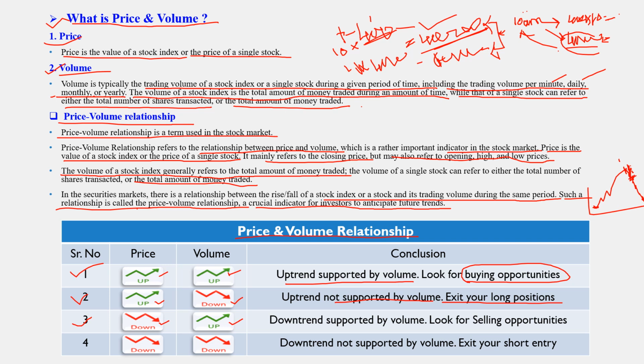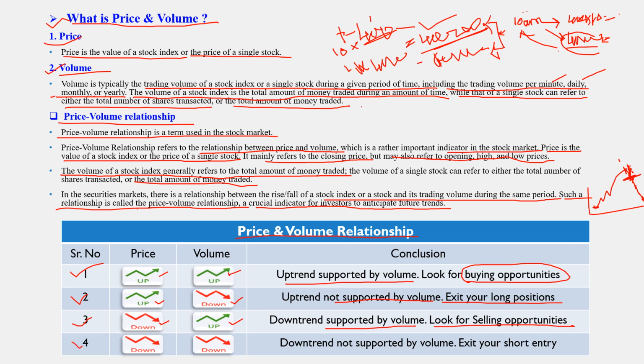Price at this point is low and down, but volume is up, meaning the downtrend is supported by the volume. A downtrend supported by volume means looking for a selling opportunity, so we can take a short position at this point through the price-volume relationship.